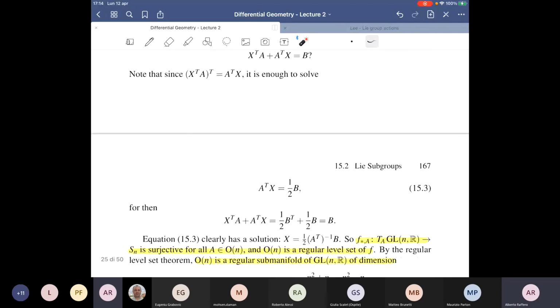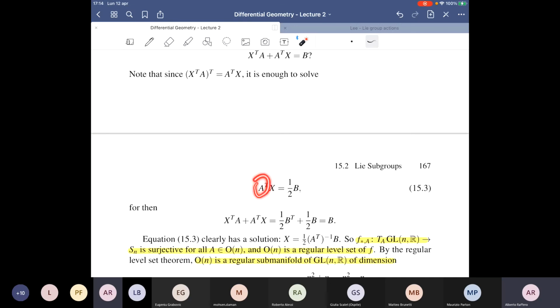This is precisely because B is a given symmetric matrix. But if you think a moment about this equation, X is an unknown matrix, the transpose of A is the transpose of an invertible matrix, since A is a matrix in the orthogonal group.